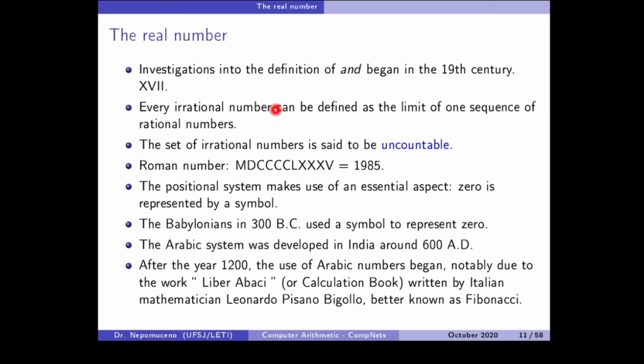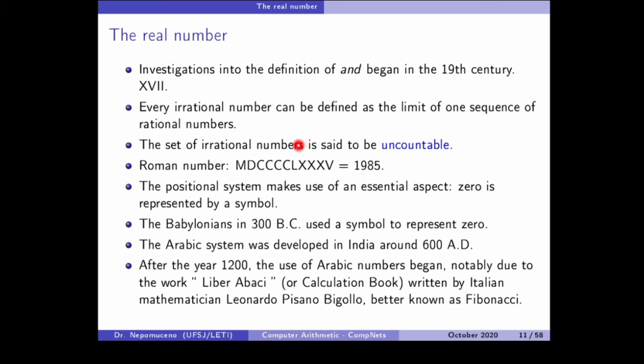Roman numerals are another way to write numbers. You can see the letters here, M, D, C, C, and so on, equals 1985. The positional system makes use of an essential aspect: 0 is represented by a symbol. The Babylonians in 300 BC used a symbol to represent 0.